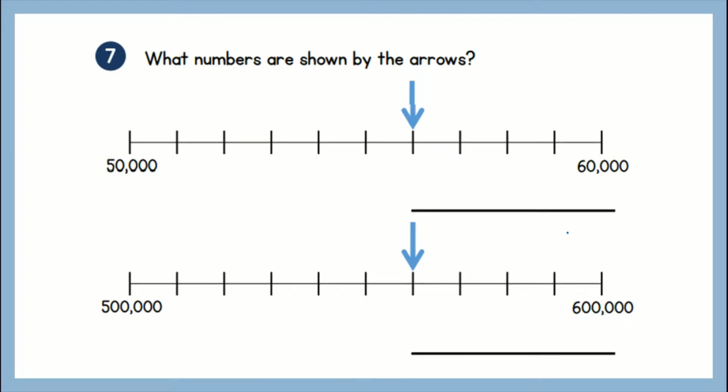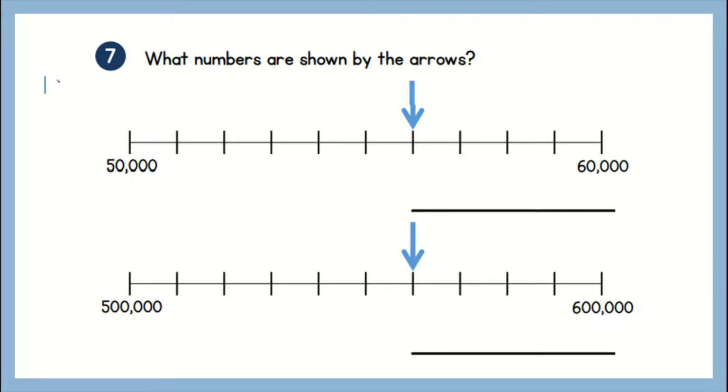Number 7. What numbers are shown by the arrows? So we've got to first see how many lines there are. So there's 1, 2, 3, 4, 5, 6, 7, 8, 9, 10. And here we've got 50,000 and 60,000. So in between here we're adding 10,000. And there's 10 lines.